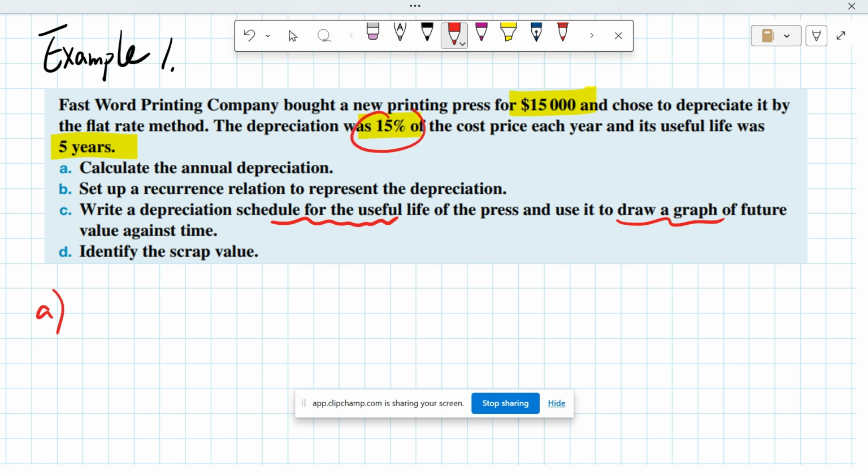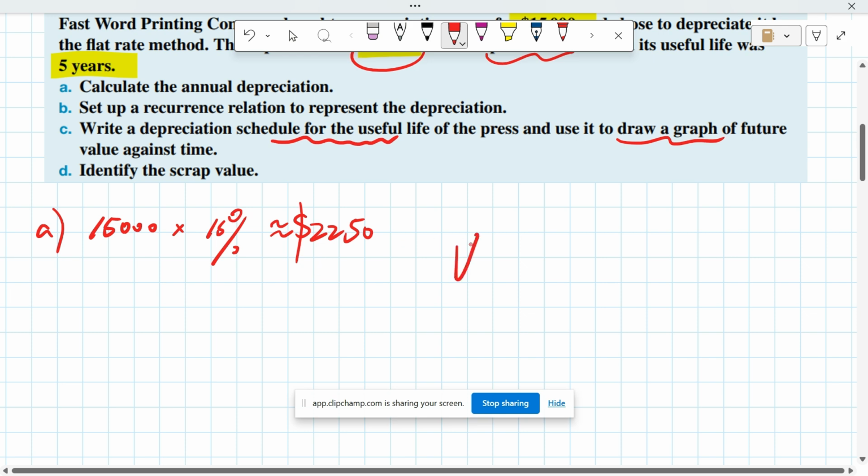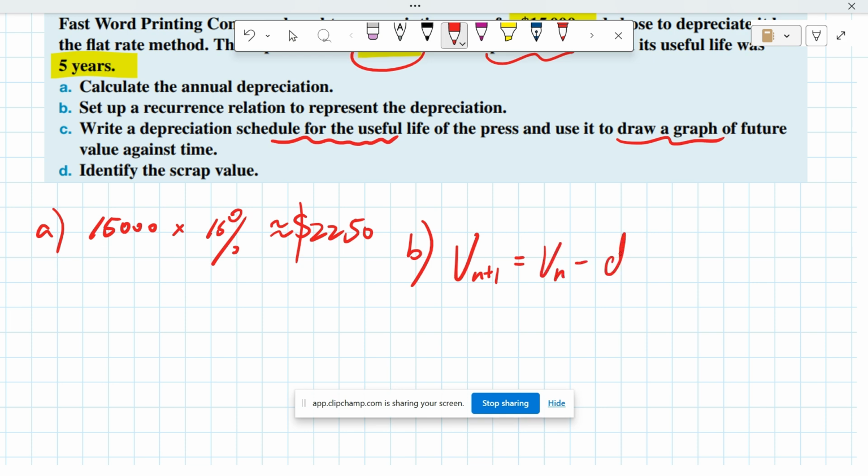It's 15% of the cost each year, so we use $15,000 multiplied by 15%, and using the calculator that equals $2,250. So that's the annual depreciation. Then we set up the recurrence relation representing the depreciation: Vn+1 equals Vn minus D, with V0 equal to $15,000.